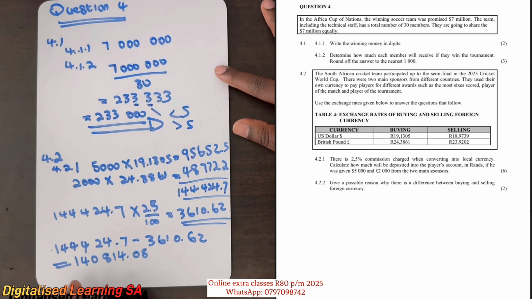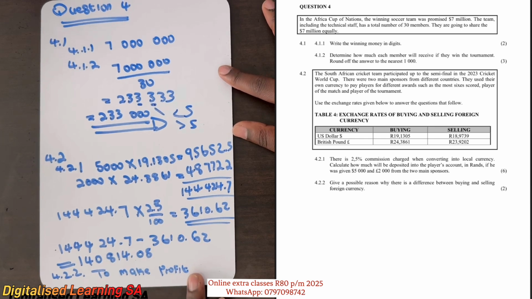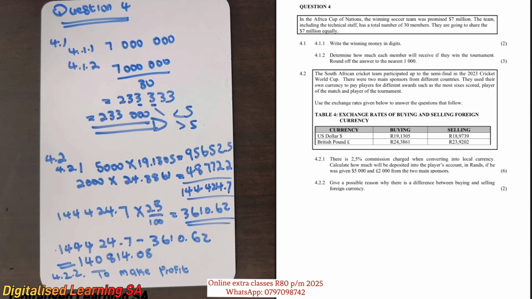Okay, so now let's move to question 4.2.2. We can even answer it below here. Question 4.2.2 says, give a possible reason why there is a difference between buying and selling foreign currencies. There's only one reason, which is to make profit. People who buy and sell things do it to make profit.